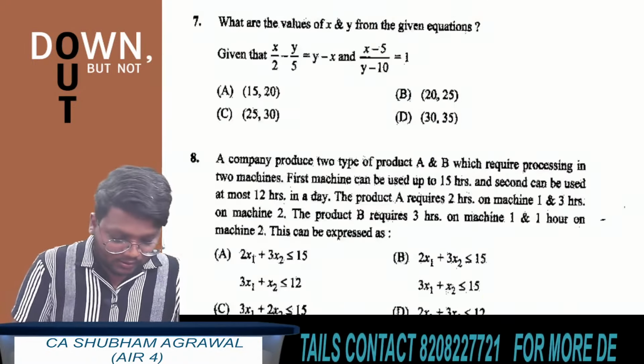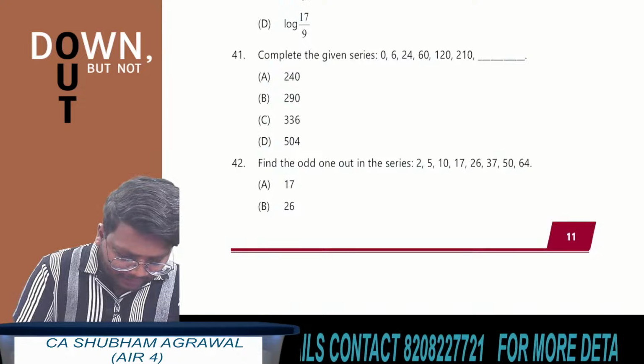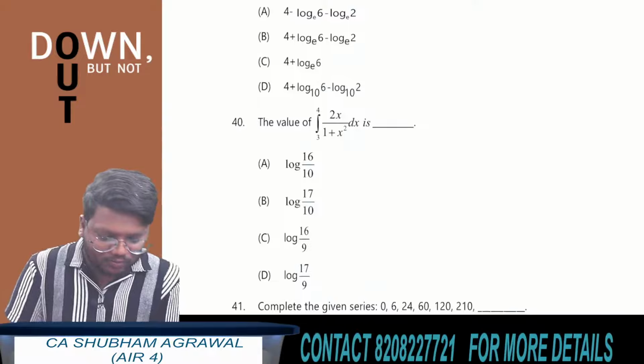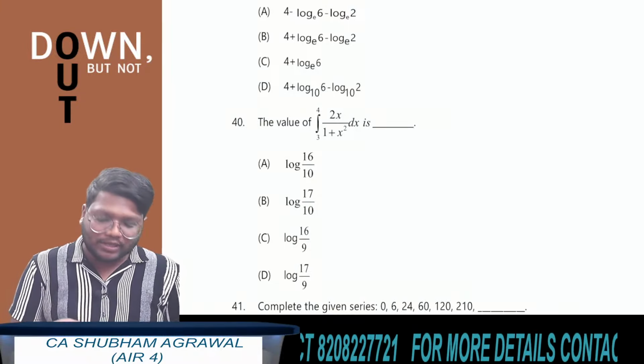In this paper also, I think there were 4 questions only. Okay. So we have completed ratio, proportion, indices and logarithm questions from the past 4 to 5 years papers. Now we are starting with the new chapter.